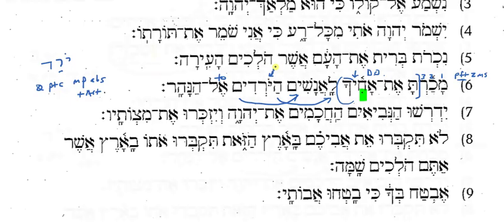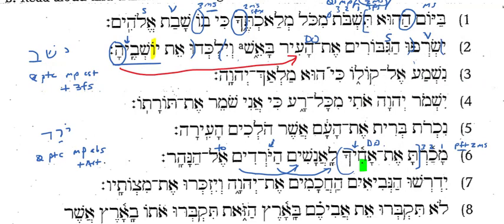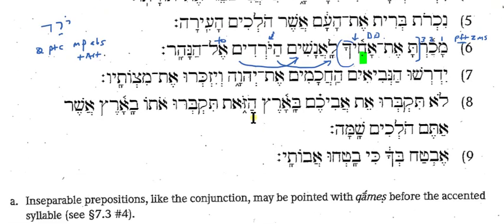Other questions? Number 7. We will just go through the translation here. So I have Yid-rashu, darash, with a yod on the front end and a shurik on the back end. What does darash mean? To inquire.